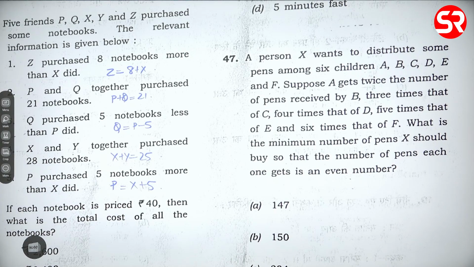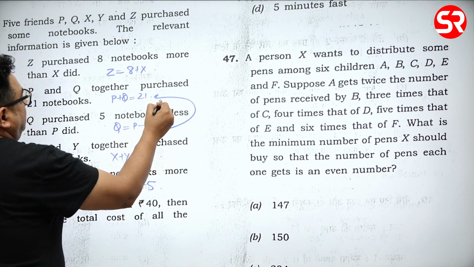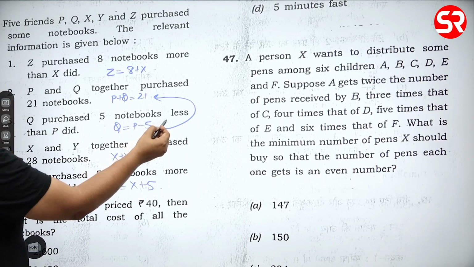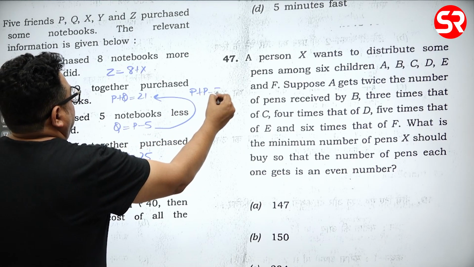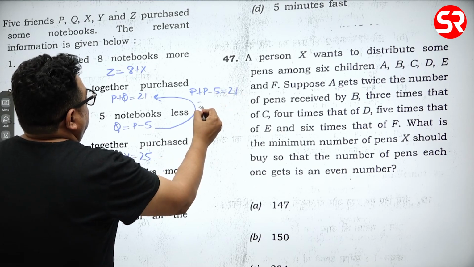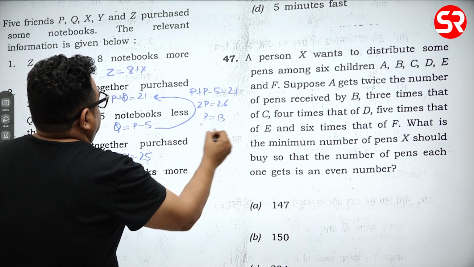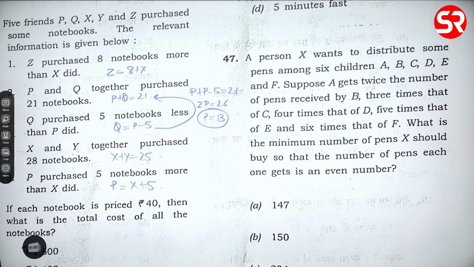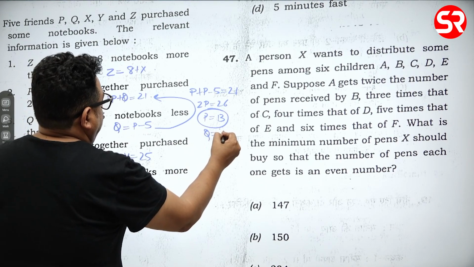Now these are 5 equations, 5 variables. You should have sorted out these equations. P plus P minus 5 is equal to 21, so 2P is equal to 26, P is equal to 13. Now if P is 13, your Q would come out to be 13 minus 5, which is 8.